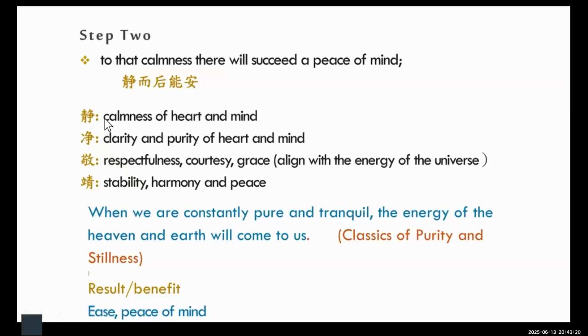When we can do this, it means that we are in line with our conscience. We are in line with the truth, and naturally we'll be respectful. We always treat people with courtesy, and there is always a grace with us. And when we can do this, then we can align with the energy of the universe.